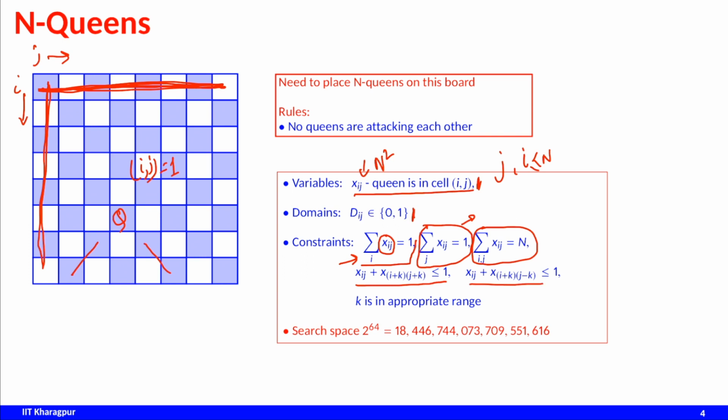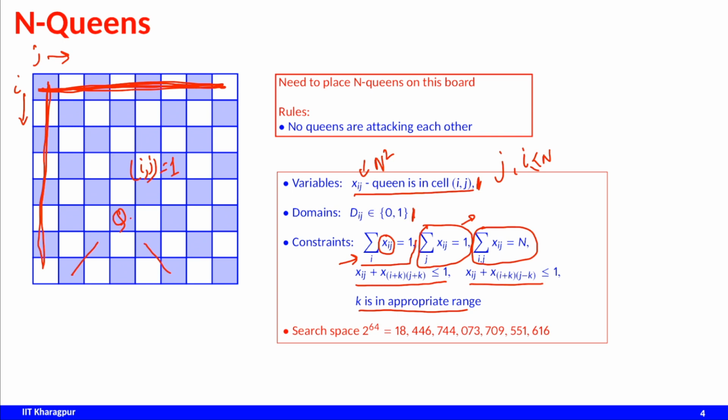So if I place a queen here, then I cannot put any queen in any diagonal direction, and the k value has to be chosen in the appropriate range. Here what we are saying is that if this is ij, then I am just adding i plus k, j plus k, so it will be one diagonal element, or it will be i plus k, where I am increasing the row, but it is on the opposite side.